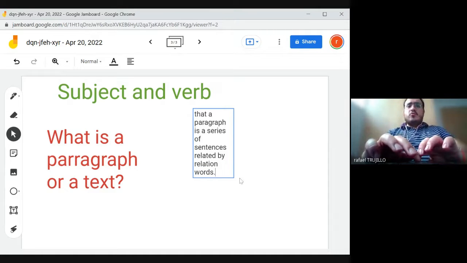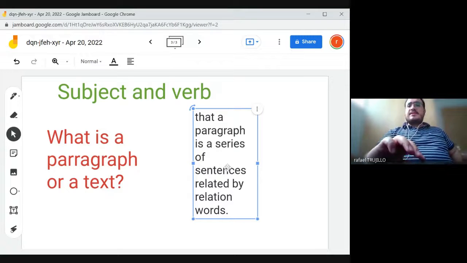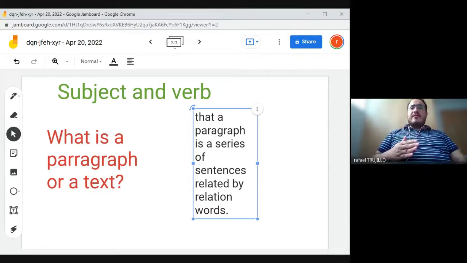Relation words. Why would I like to say this? Because for a forum, what you need to do is basically create a text or a paragraph by uniting most basic sentences, three different sentences, with union words, with relation words.